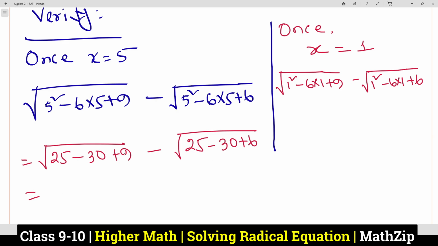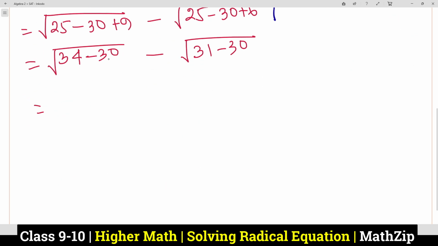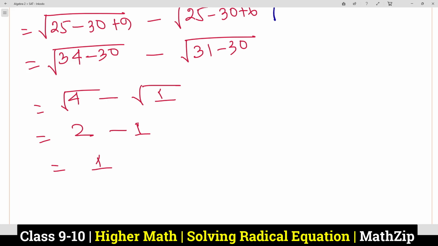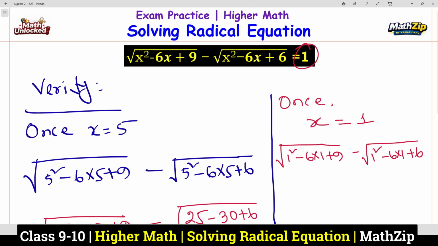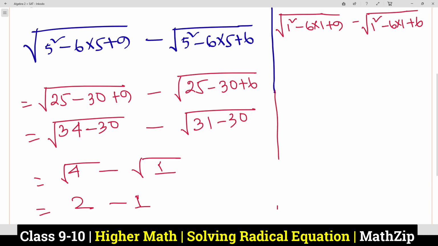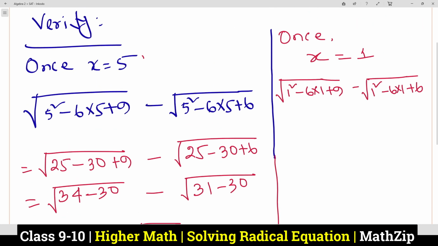So 25 plus 9 is 34, right? 34 minus 30, root over 4, minus root over 25 plus 6 is 31 minus 30, which is 1. So root over 4 means 2, minus 1, and the answer is 1. Look, here is 1. It means x equals to 5 is correct.